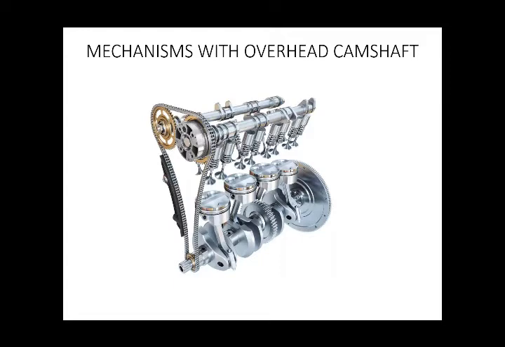Here you can see the crankshaft that is located at the bottom of the engine, and we have the camshaft that is located at the top portion of the engine, and these camshafts are driven from the crankshaft by means of timing belts or chains, and even gear assemblies are also used.